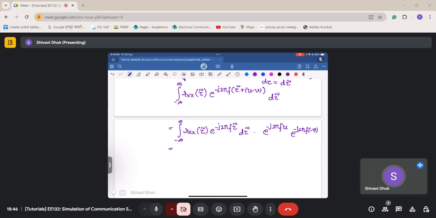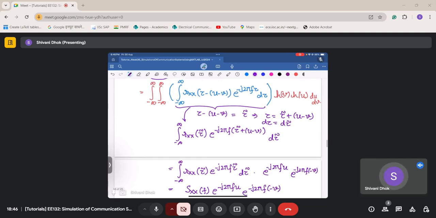And this particular thing here, whatever we have obtained, is equal to the Fourier transform of the autocorrelation function of your process x of t. So this comes out to be equal to Sxx of f into e power minus j 2 pi f u into e power minus j 2 pi f v.